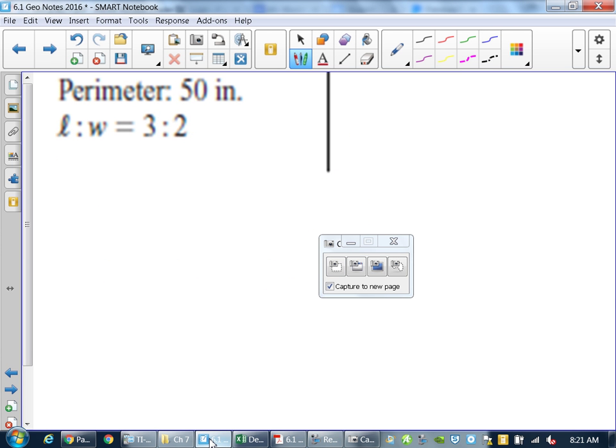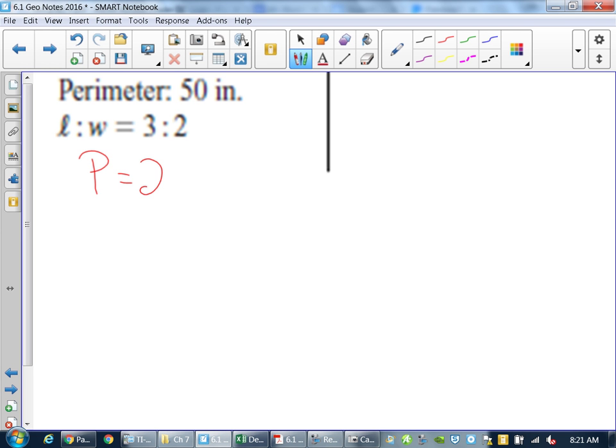Now they usually do these with rectangles for the perimeter stuff because it's an easy formula to remember, and it's something you guys have done before. So if I have a perimeter of 50, ratios of the sides are 3 to 2. So your perimeter is twice the length plus twice the width.